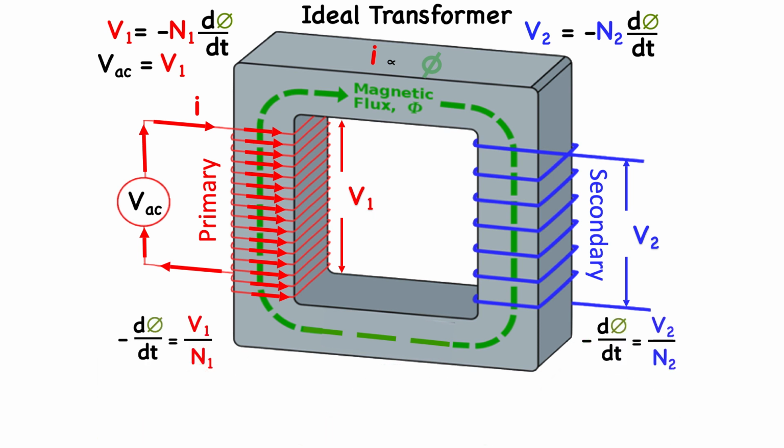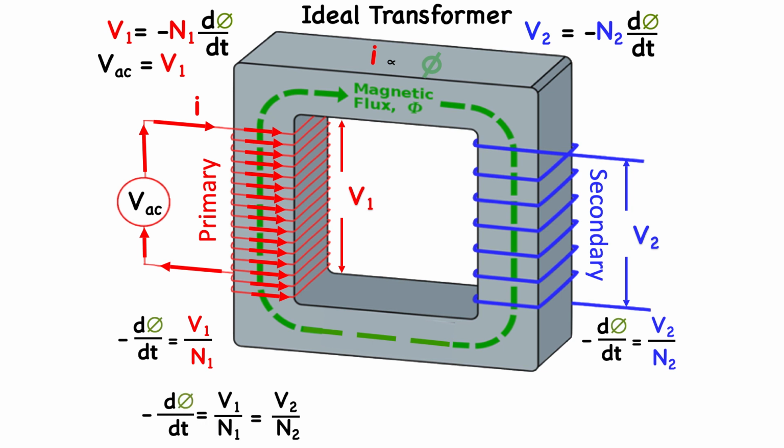Mathematically, we can rewrite the two Faraday law equations for both the primary and secondary coils, keeping only the associated voltages and coil turns numbers on the right-hand side of the equations. As you can see, both the right-hand sides are equal to the same changing flux, minus dφ/dt.